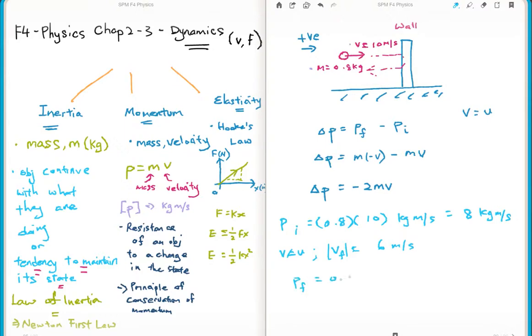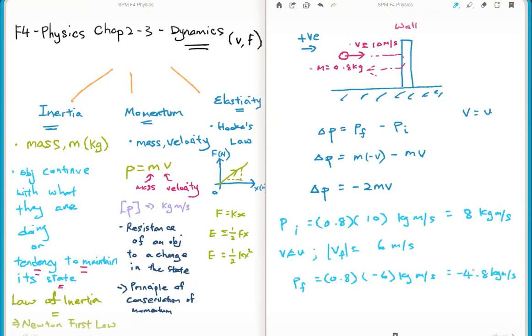The mass will not change, mass is always the same, only the velocity changes. The velocity is to the left, so it's negative 6 kg meter per second. So you get 4.8 kg meter per second.